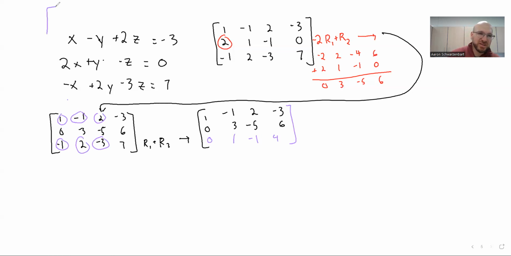So my objective, and we're going to go all the way to reduced row echelon, is to get something that looks like this. And then I'm going to call it x, y, z, and those are my solutions.